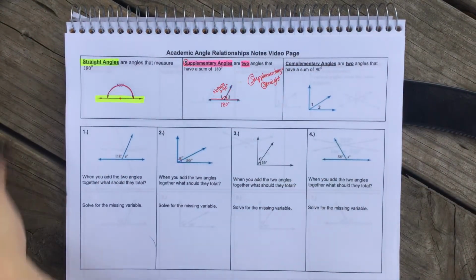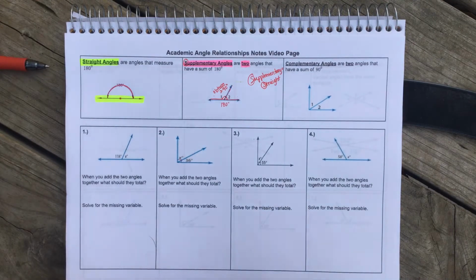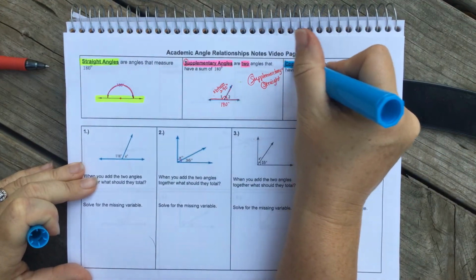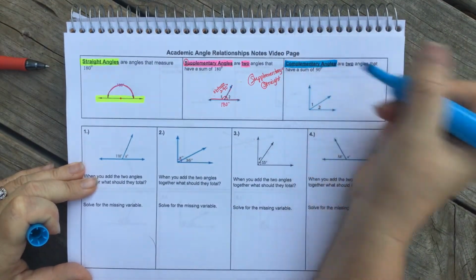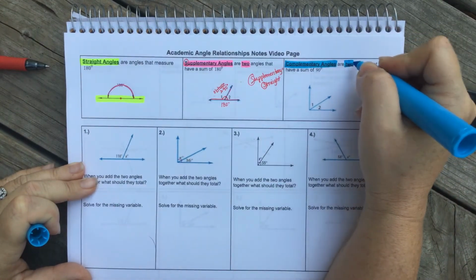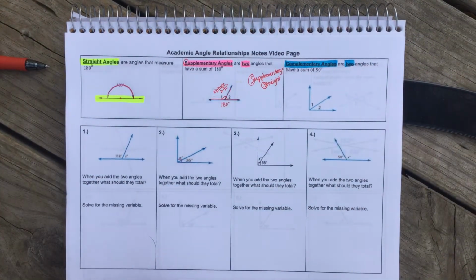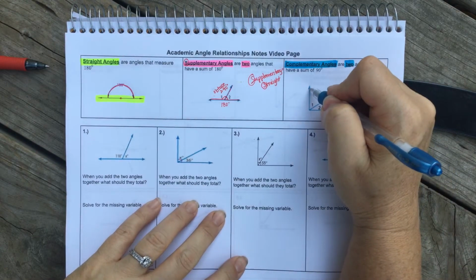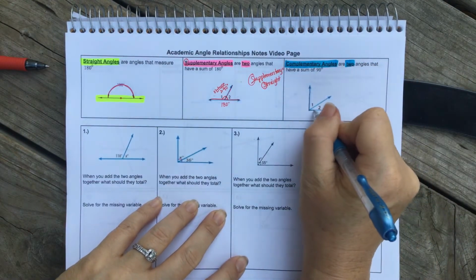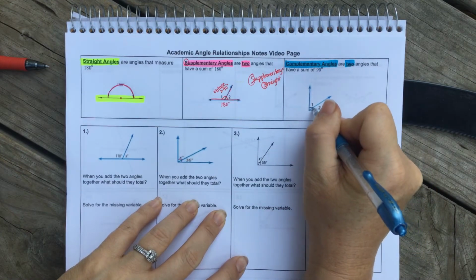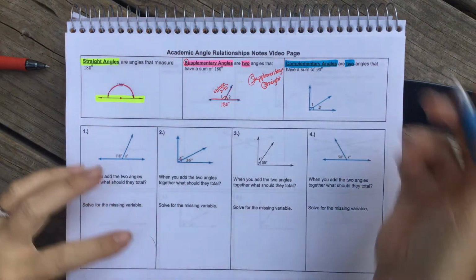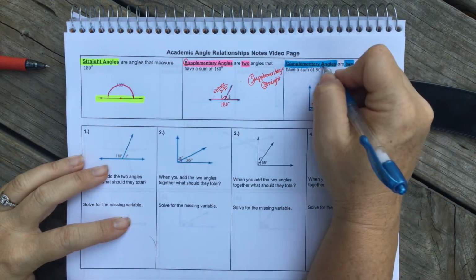Now our last one that we're going to look at here is complementary angles. Complementary angles, again, are two angles together. So if you notice, this one looks like a right angle. This creates a right angle, which means that it is 90 degrees.